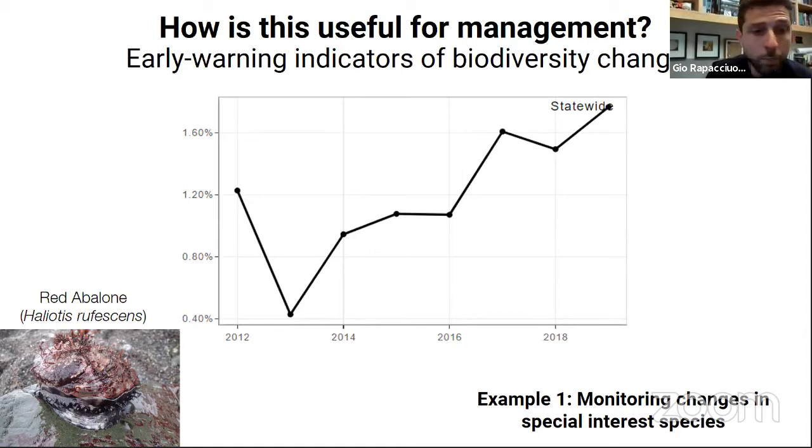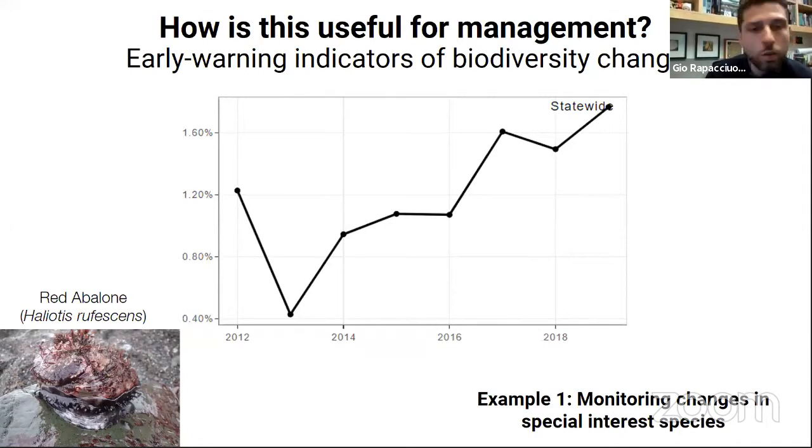In this case, for example, we can look at the pattern with red abalone and other species of special interest. And you can see that abalone here, perhaps surprisingly, looks like it's increasing in the proportional rate of observation.